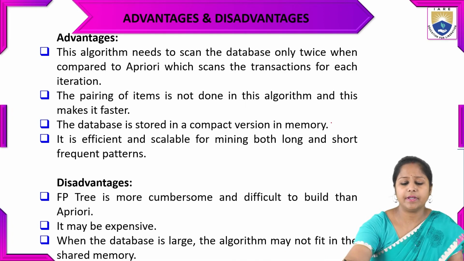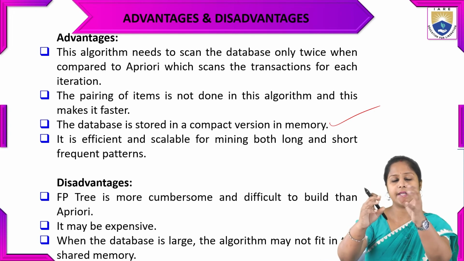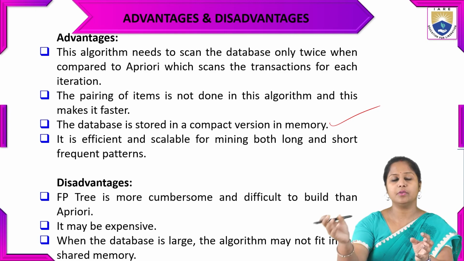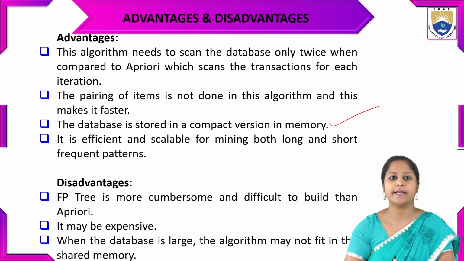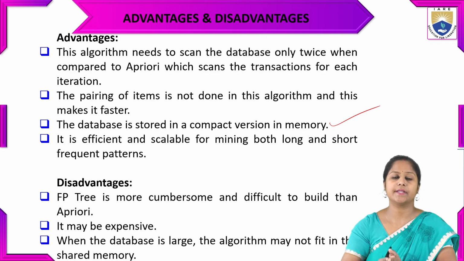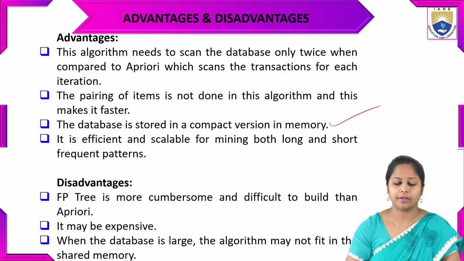The database will be stored in a compact version in memory, because this data structure has structured nodes. So it will be stored as a compact representation of the tree, which takes less space in memory.